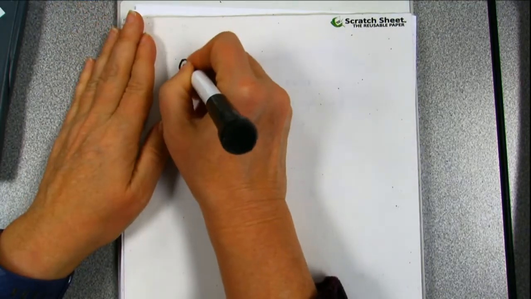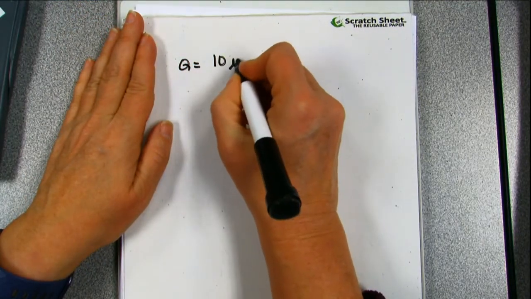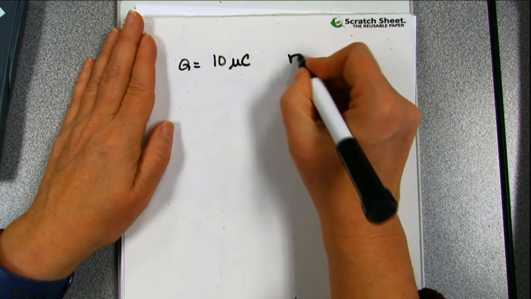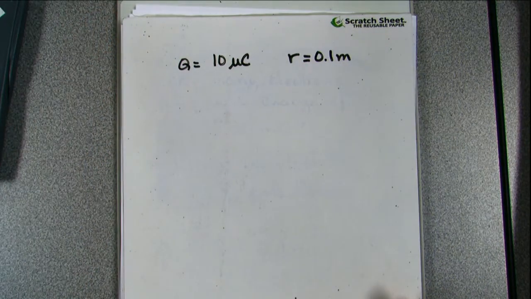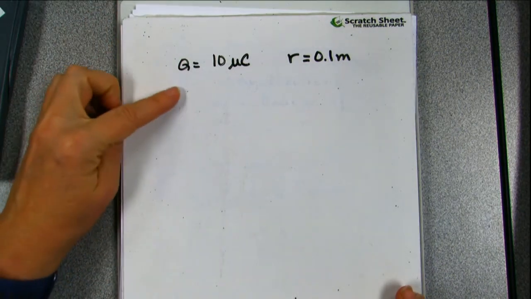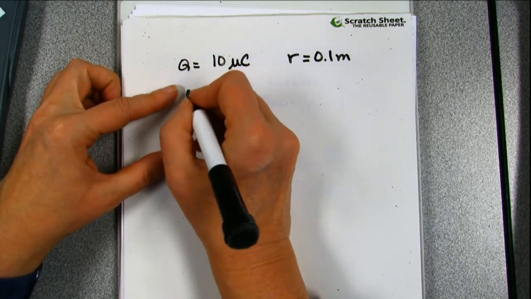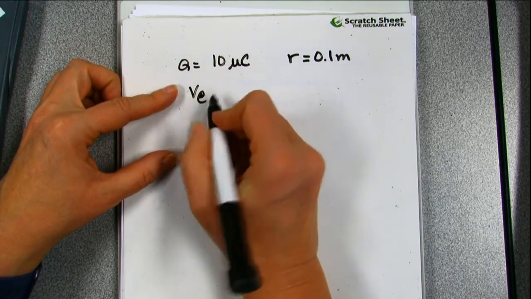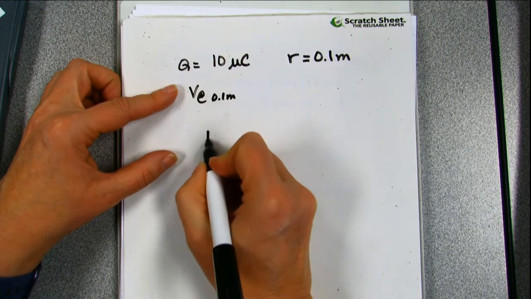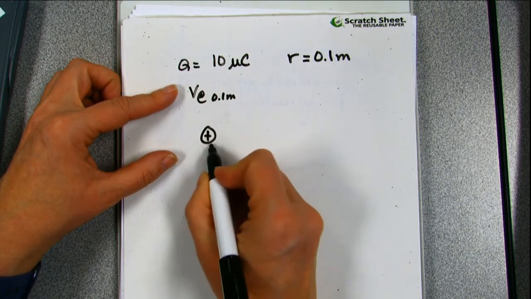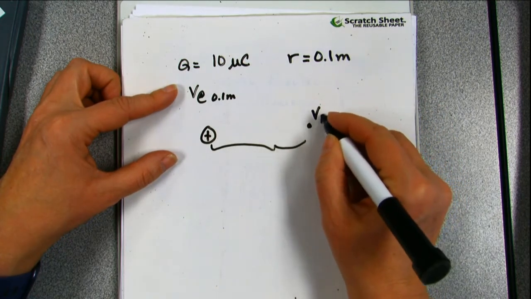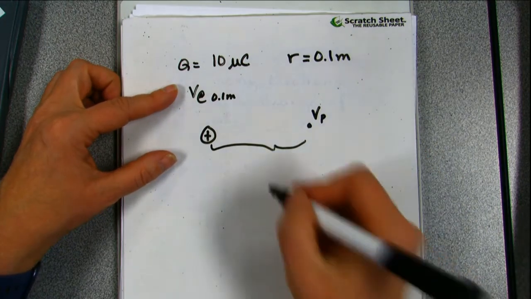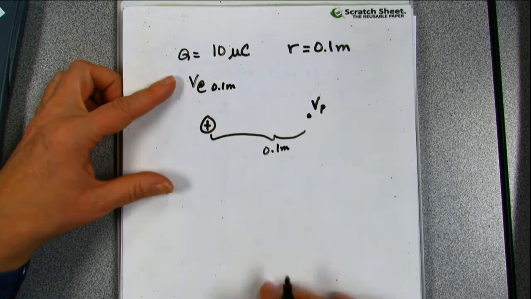I'm going to be given a charge of 10 microcoulombs. And we're going to look at the electric potential at 0.1 meter away. So we want to know the electric potential at 0.1 meters. So I've got my positive charge, and we're going to be out here, and we want to know V at this point. And this is 0.1 meter. Well, that's easy enough.